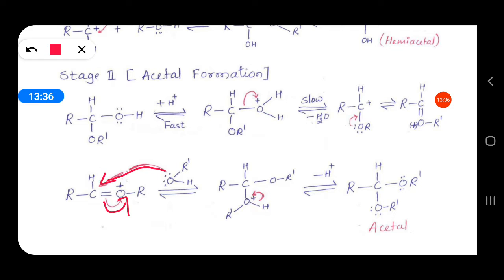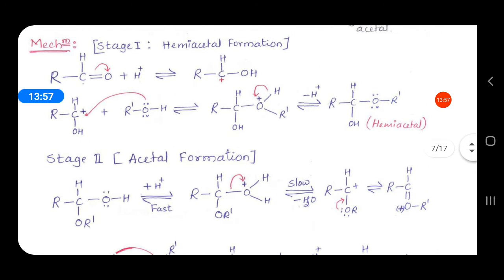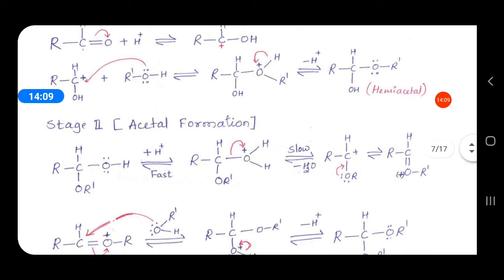So again the OR dash ester group is formed back and the alcohol group is added here. Now OH bond electrons are given to oxygen so that H plus is removed. So acetal is formed. There are two steps. In the first step, hemiacetal, addition of one molecule of alcohol takes place, but these hemiacetals are unstable. They further undergo addition of another molecule of alcohol to form acetals.